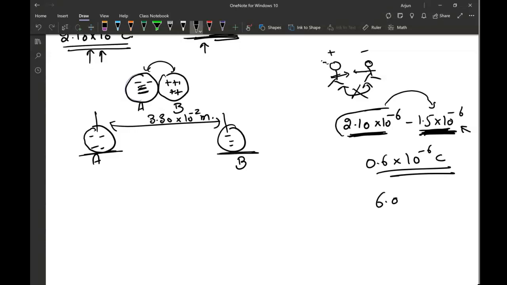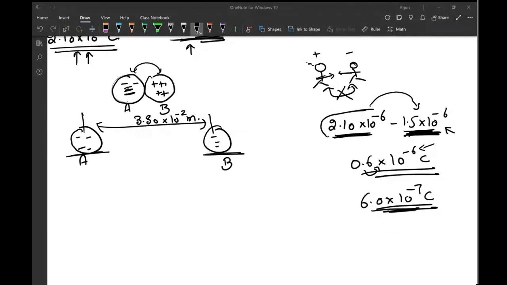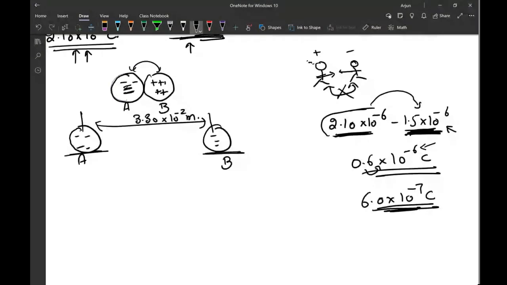I can mark it as 6.0 times 10 raised to power negative 7 coulomb too. I just move the decimal one place to the right and change the exponent. That's what I tried to do in this case. All right. Now, this is the leftover charge. These charges will equally distribute themselves over the two spheres.